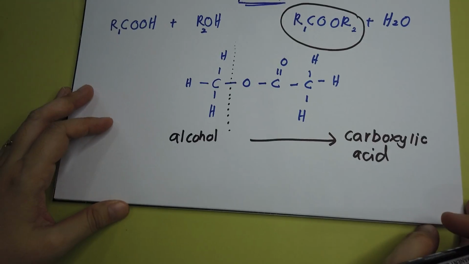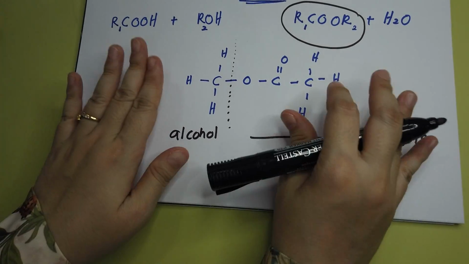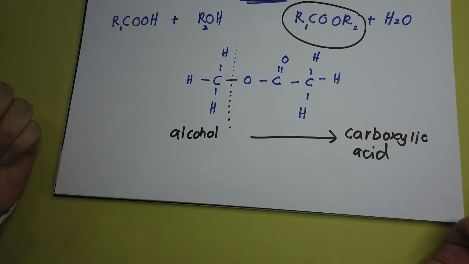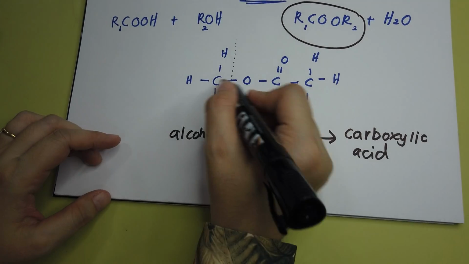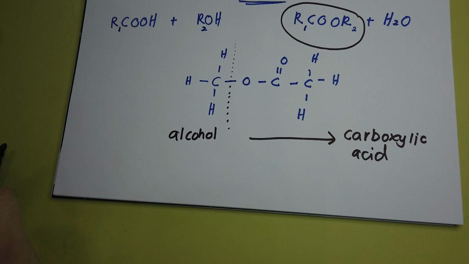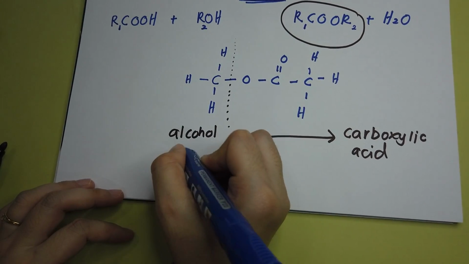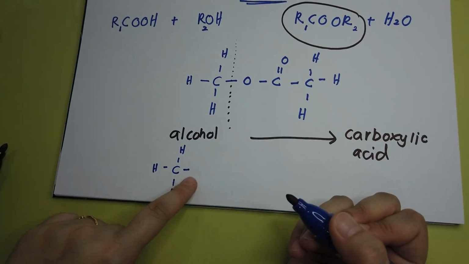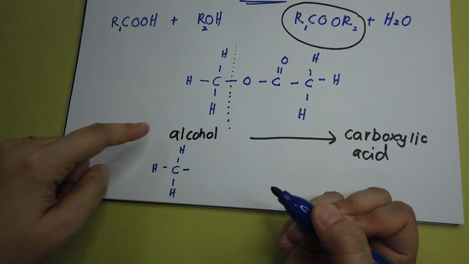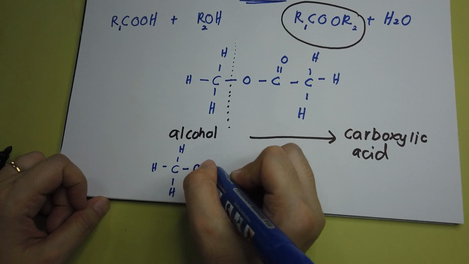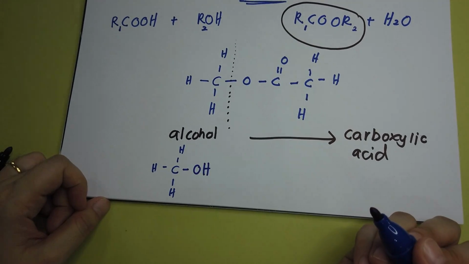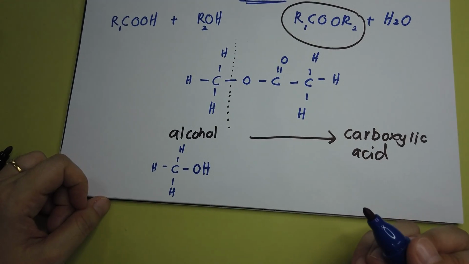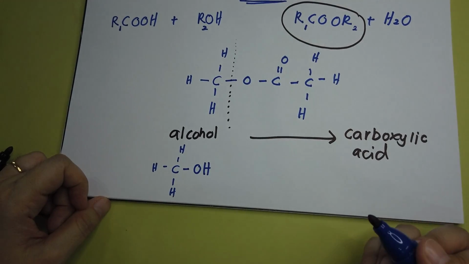So from looking at this structure, you can already predict what type of alcohol they are using. You just have to put the alcohol group, the OH, here. Since there is an alcohol, you need to put OH. So one carbon, methanol.